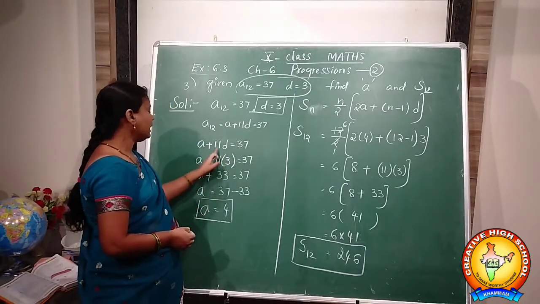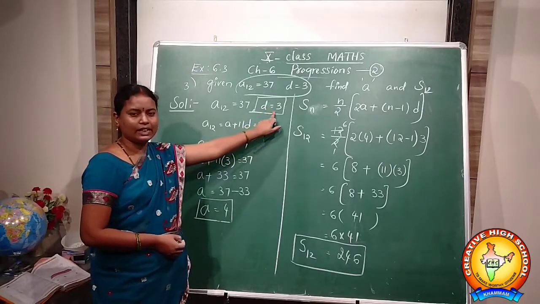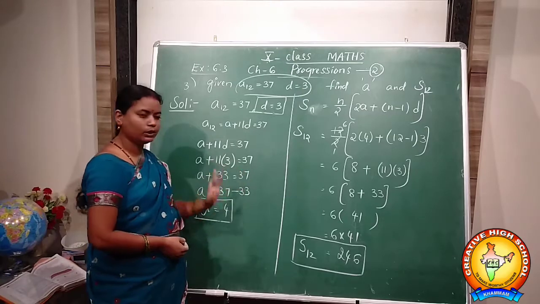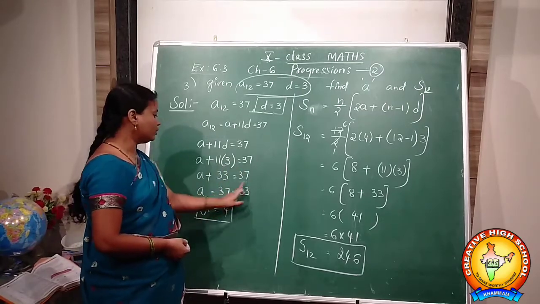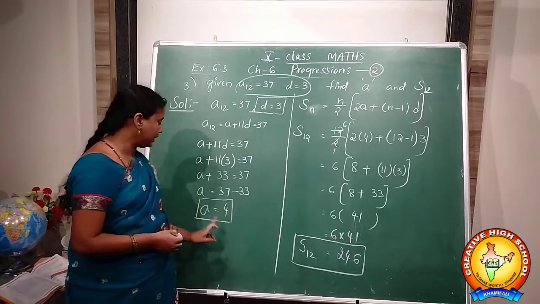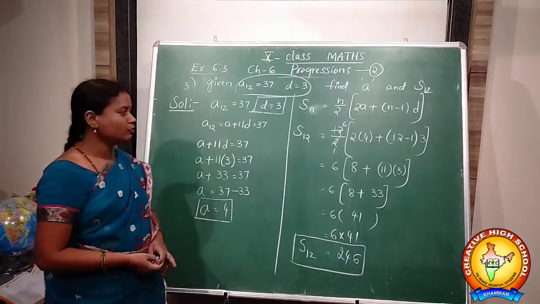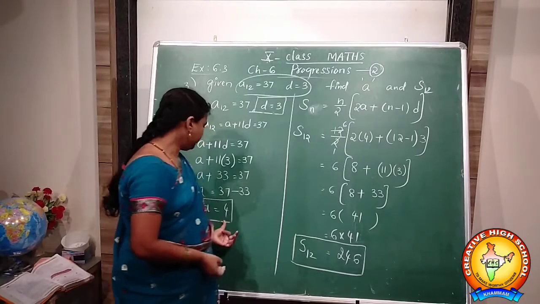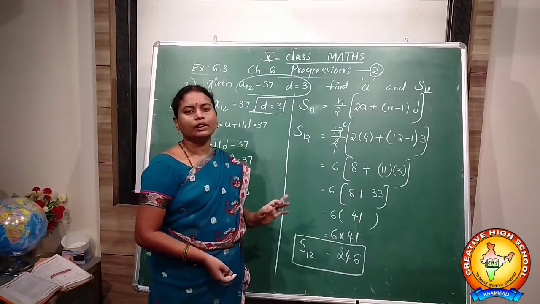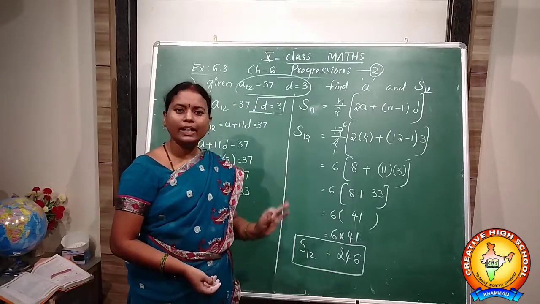Here a plus 11 into the d value 3, that is given in the question. 11 threes are 33 is equal to 37. a is equal to 37 minus 33, the 33 becomes minus if we take it to the right side. So finally the a value is 4. So here we know the a value and also the d value. To find the sum of n terms in the AP series, we must know the n value.